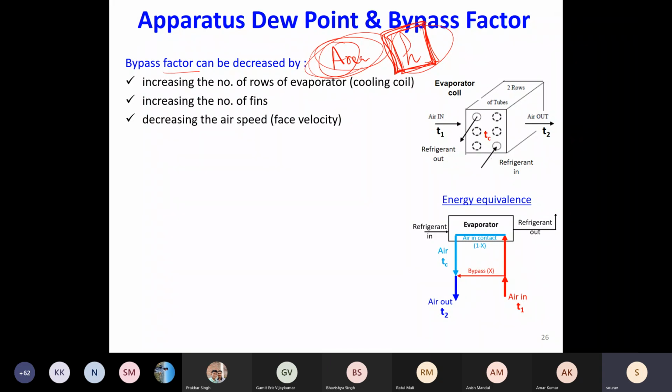So if I increase the air speed, I should get more effectiveness. People who have done the experiment should be able to tell this. If I increase the air speed, do I get more effectiveness, or do I reduce the effectiveness? Just think on this aspect.